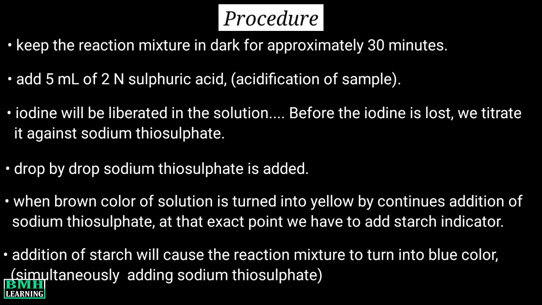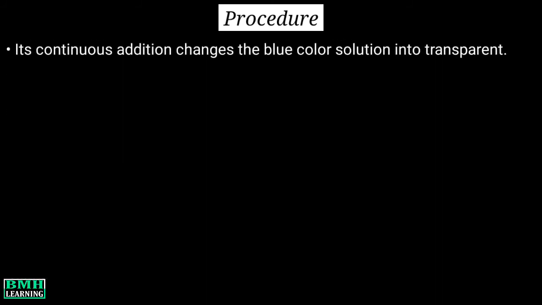The addition of starch will cause the reaction mixture to turn blue. But at the same time, we keep on adding sodium thiosulfate. Its continuous addition changes the blue solution into transparent.